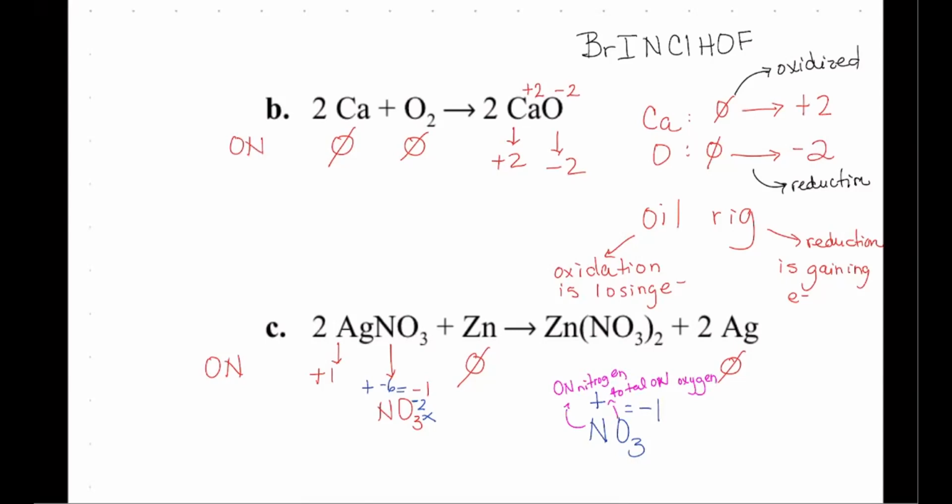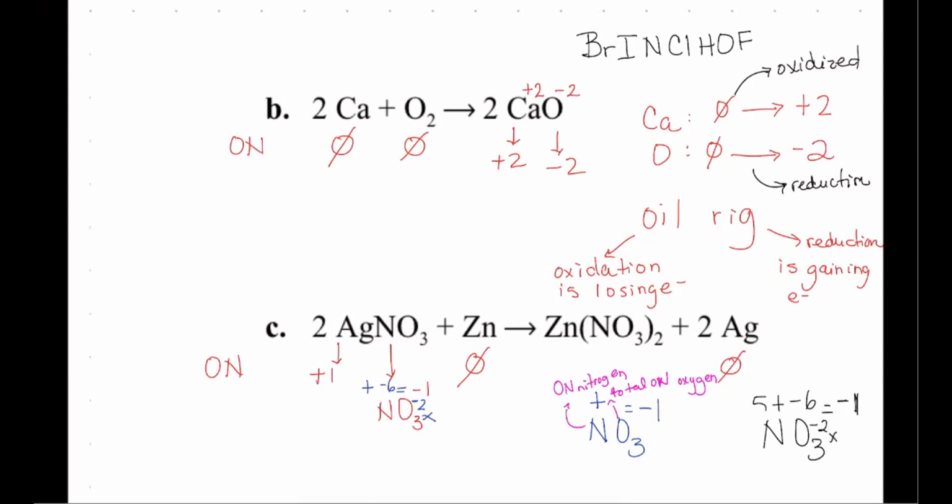So in the context of NO3, the sum of my oxidation numbers needs to equal -1, and I know that the second one is -2 times 3, that's -6. Nitrogen, we only have one of them. Excellent.